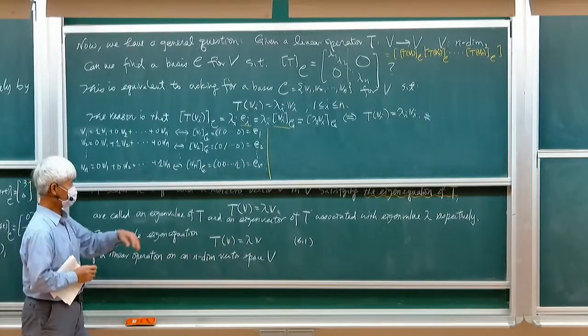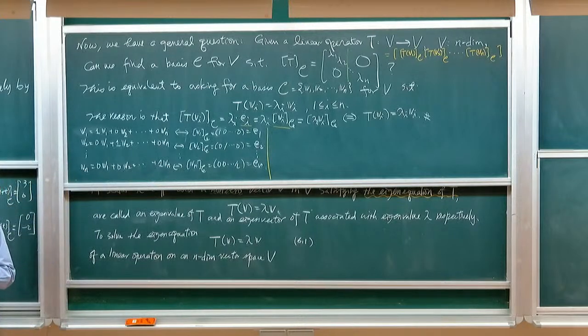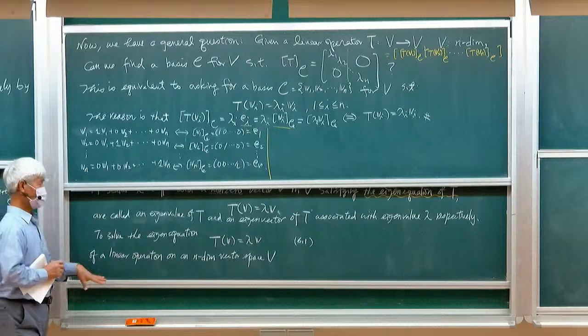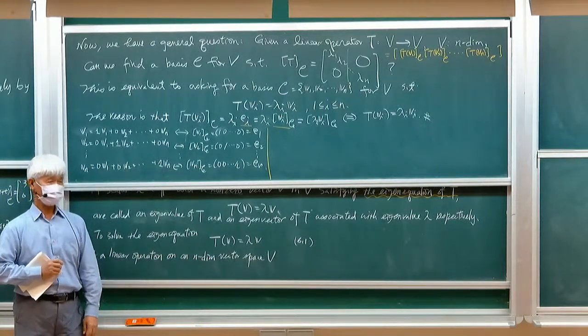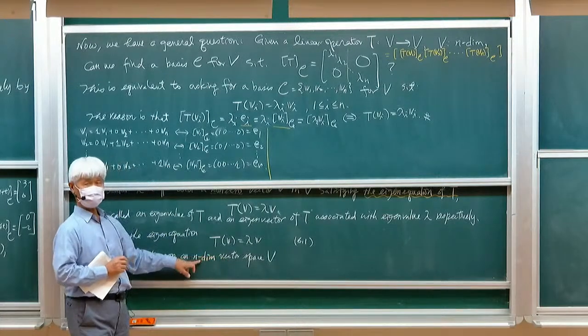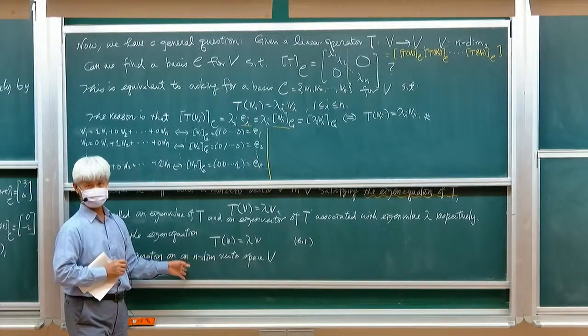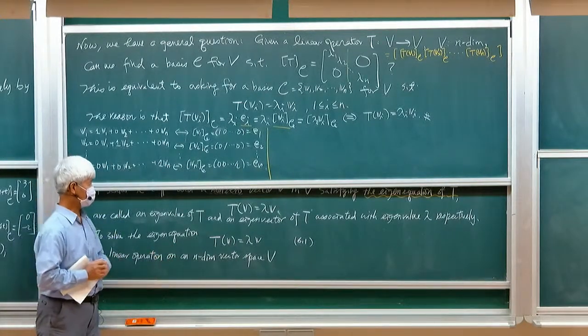If the vector space is not finite dimensional, then the problem is difficult. I have to say so. But in this course, we will consider only the case that the vector space V is n-dimensional. In this case, we do have an efficient method to solve the Eigen equation.